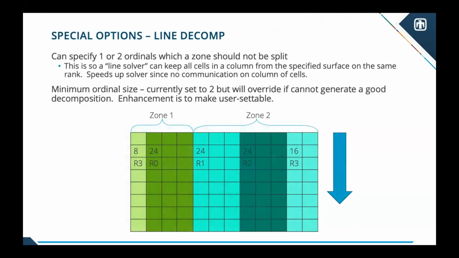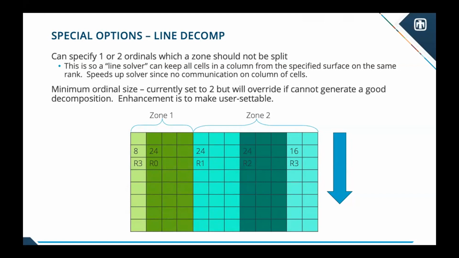The other thing is we have some special options. Some of the analysis codes have what's called a line solver, where they can go through a column of cells, but they want all of those cells to be on the same rank. So they will tell us beforehand, only this surface here, do not decompose as the cells go into that surface.